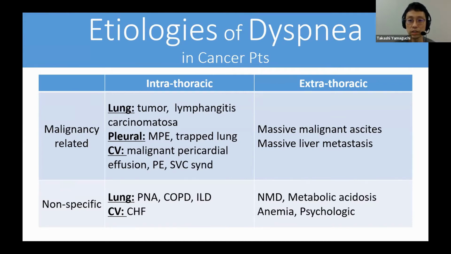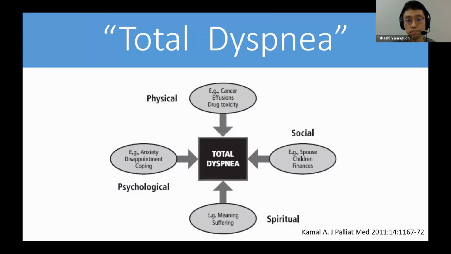Also, dyspnea in cancer patients sometimes comes from non-cancer etiology complications, like pneumonia or underlying heart failure or underlying lung disease or anemia. So we have to check these non-malignant causes also.